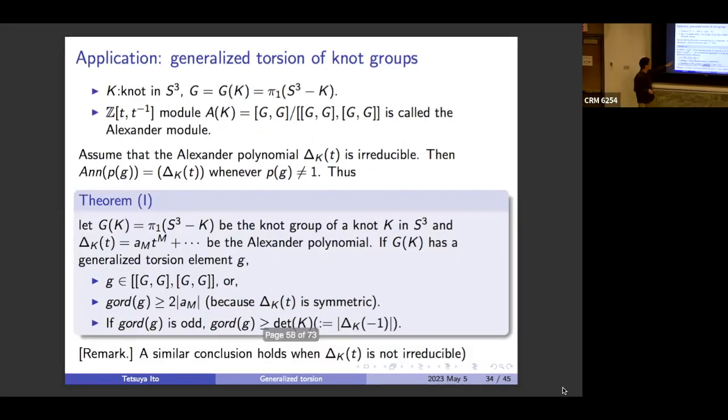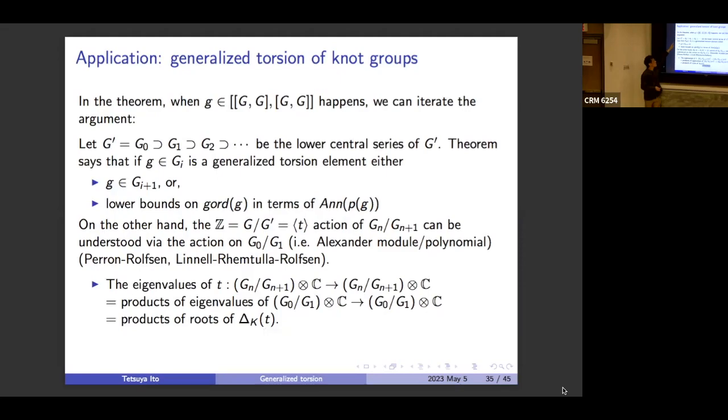In this theorem, if the second or third case happens, we are happy because we get some information on the generalized torsion order. What happens if the first case occurs, namely the generalized torsion element belongs to the second commutator subgroup? Then we iterate the argument repeatedly. Namely, we take the lower central series of commutator subgroups and apply the theorem repeatedly.